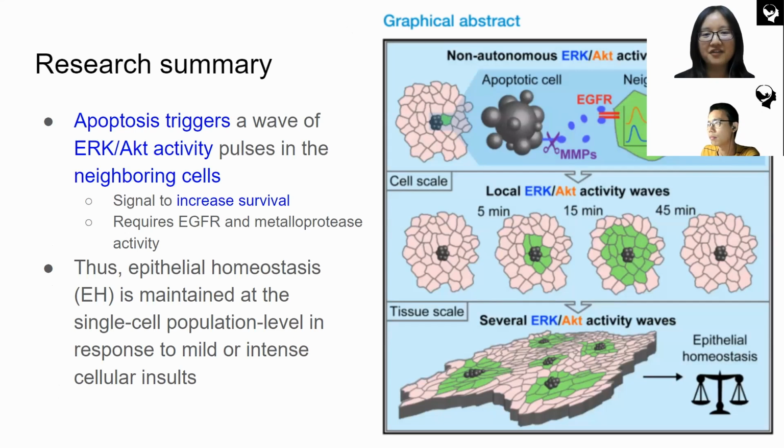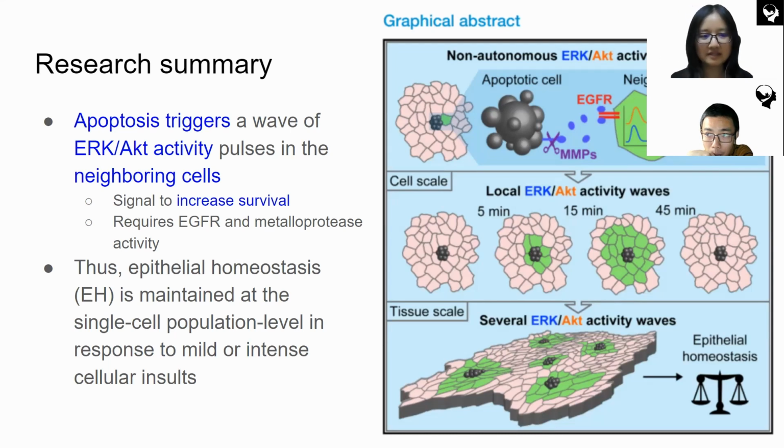The overall idea of the paper is that they want to know how epithelial cells are always able to maintain cell integrity. They always have a constant number of new cells versus dead cells. So how are they able to maintain cell homeostasis? This is what they want to know.